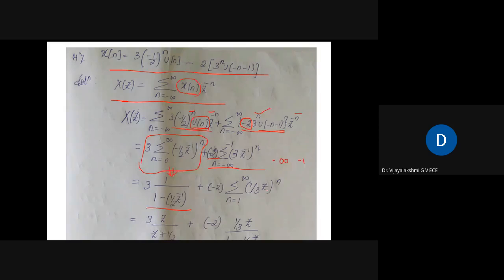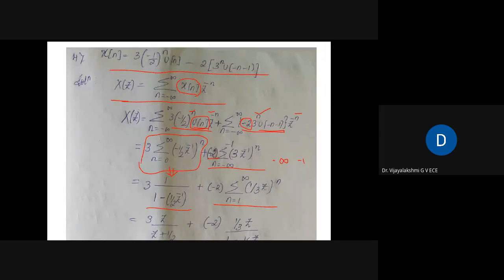Once again, what is the formula for this? When n is varying from k to infinity, the sum of alpha power n is alpha power k divided by 1 minus alpha. In place of k, I have 1. So it is 1 by 3z divided by 1 minus 1 by 3z. So this is your X of z.